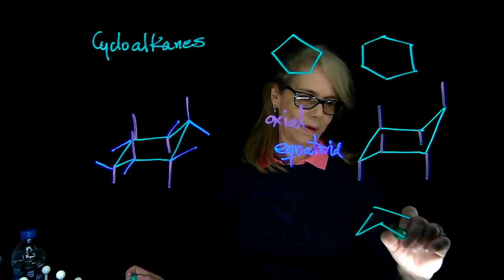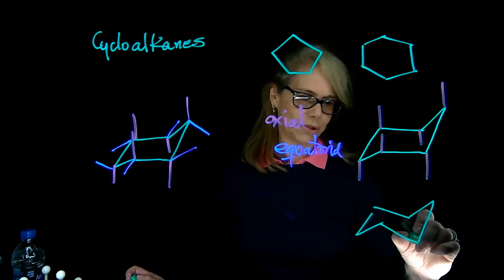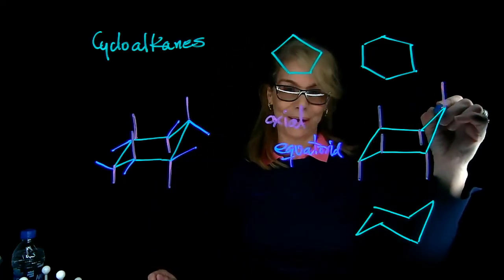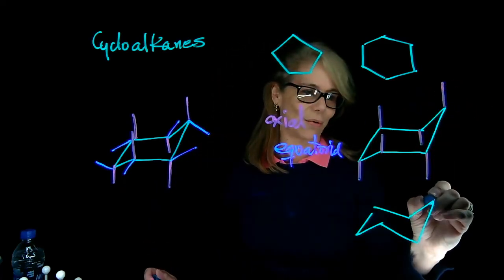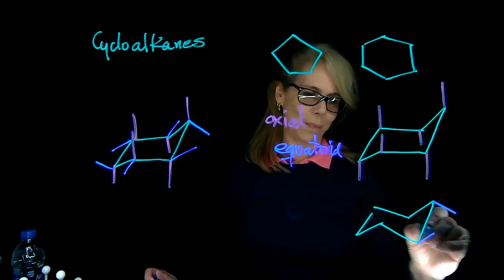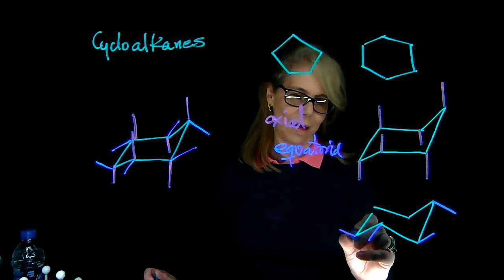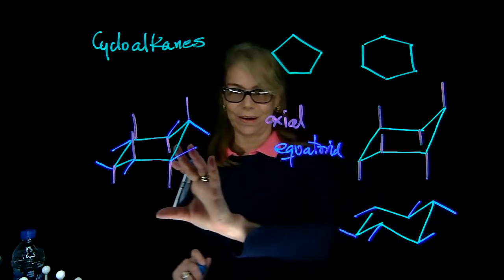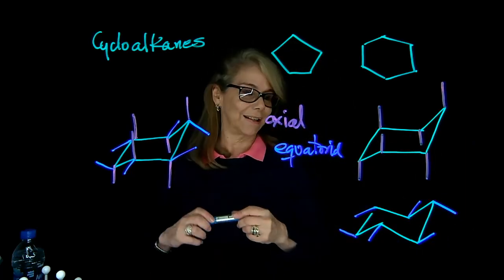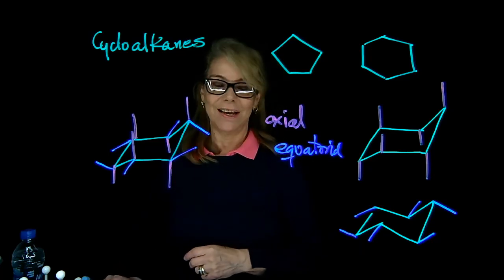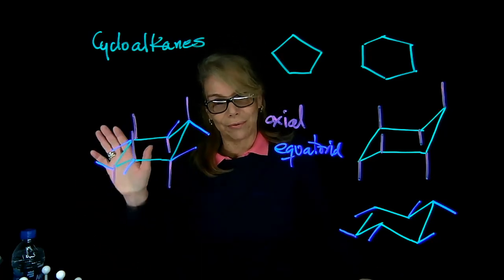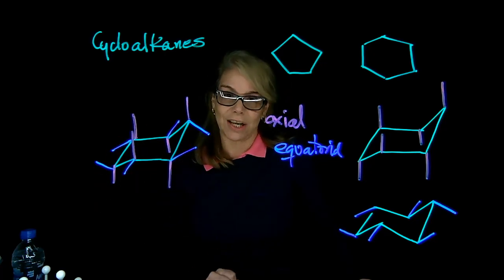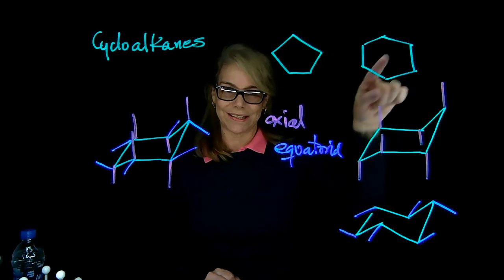So this is my chair. And now let's do the equatorial. If this is up, equatorial will be slightly down. So down, up, down, up, down, up. Combining these two, we have this picture showing all the axial and equatorial positions. Now that we know this, we're going to flip the chair and study different conformations in substituted cyclohexane molecules.